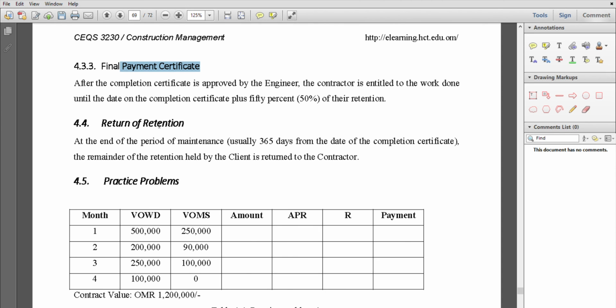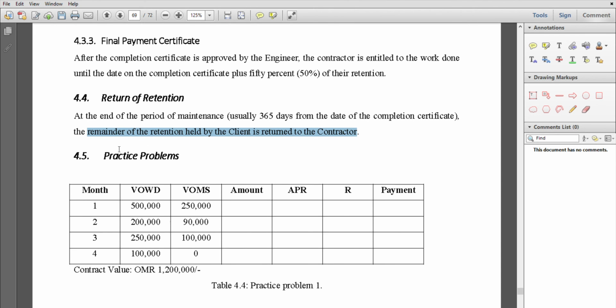Once they issue this completion certificate, they start to count 365 days, which is 1 year, to pay the remainder of the retention held by the client back to the contractor.